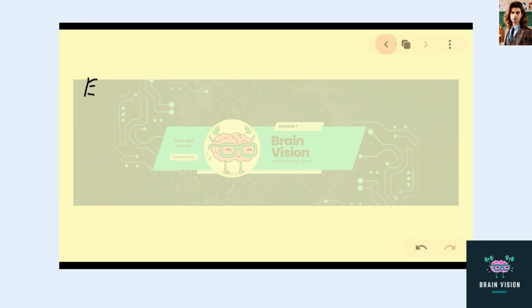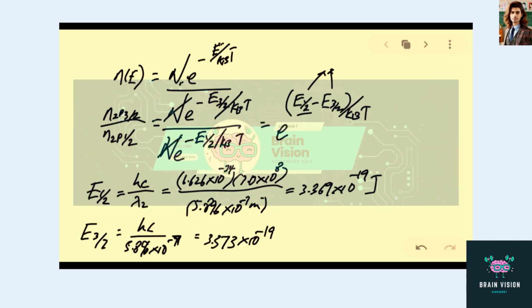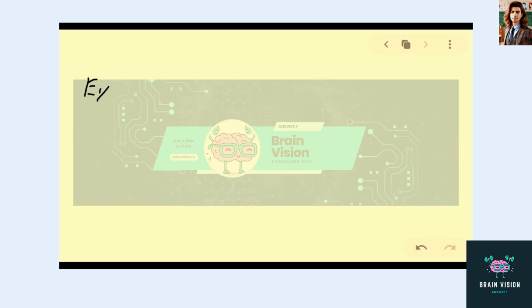We want to take the half minus the 3 over 2, which should give about negative 4.0 times 10 to the power minus 22 joules.